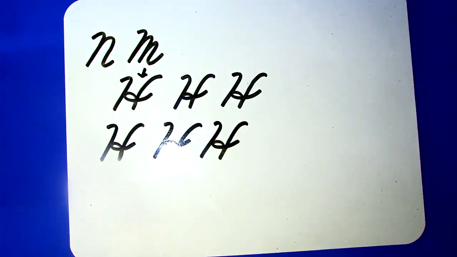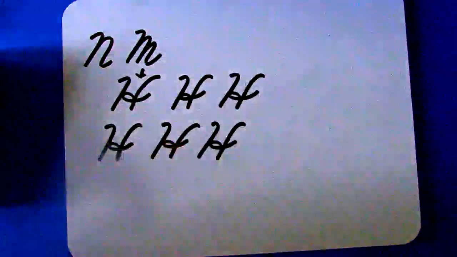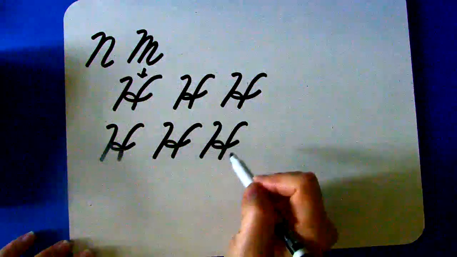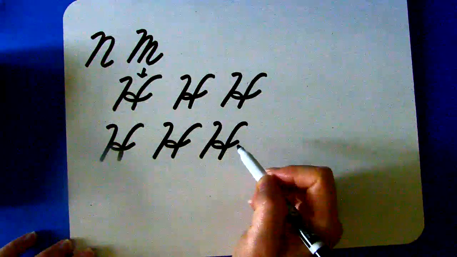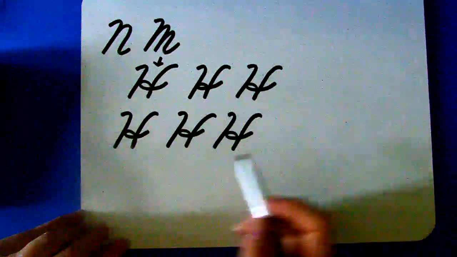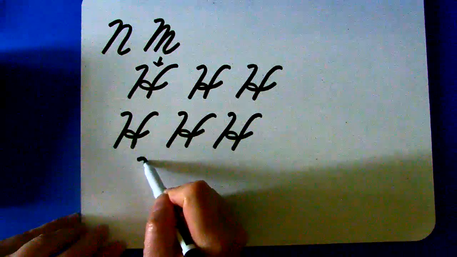That is your uppercase H. Uppercase H does connect to the rest of the letters in the word. And it does connect because, let me turn this light off so there's no glare, this part of it is an undercurve, and so you can connect it. Let me show you again the letter. Curve forward, pull back.